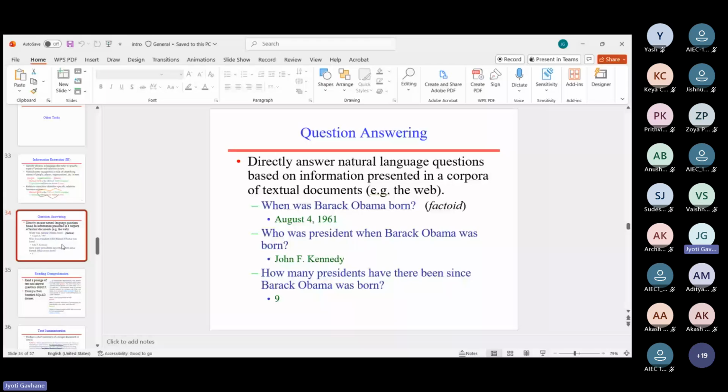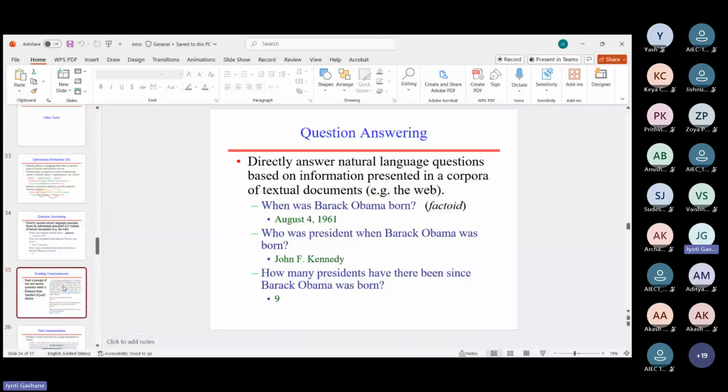Now, how many presidents have there been since Barack Obama was born? The answer is 9. Provided your corpora contains Barack Obama as one of the important personas, then and only then you will get the correct answer from the question answering system.